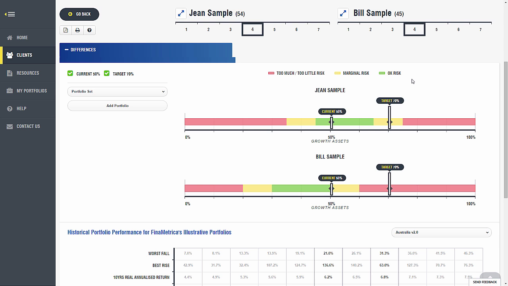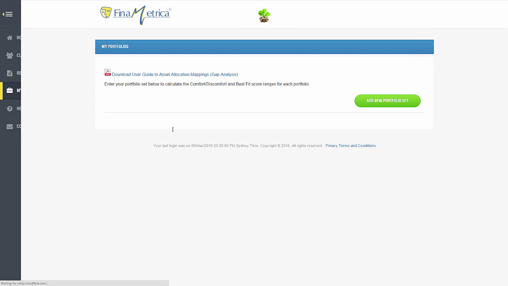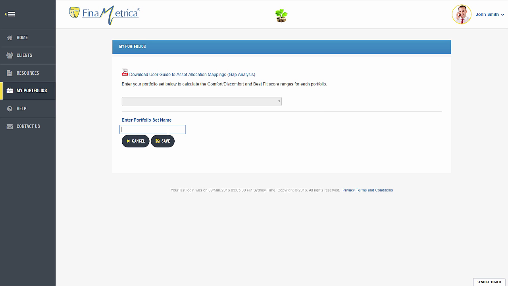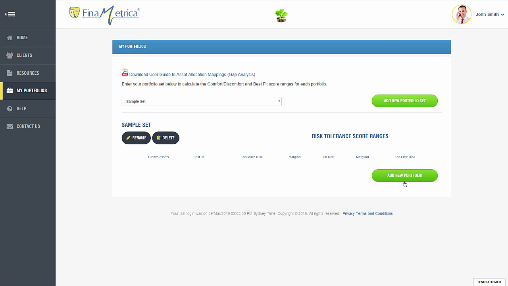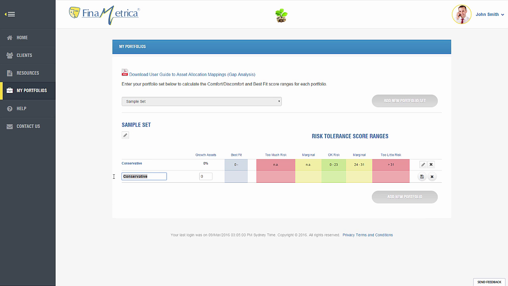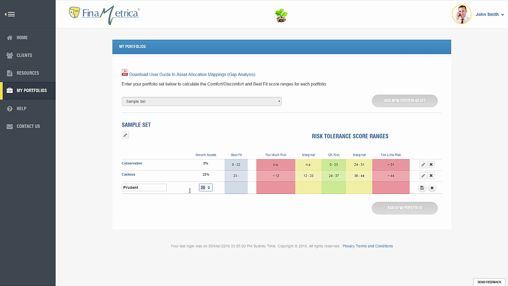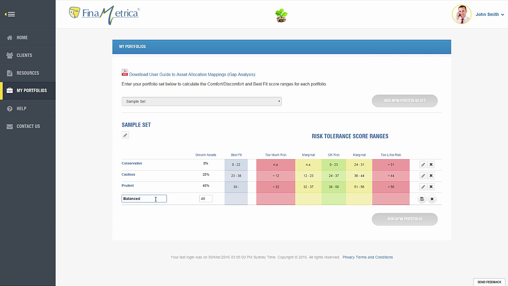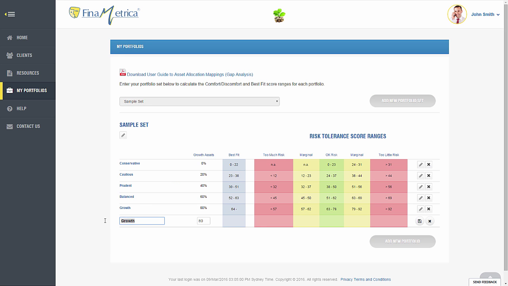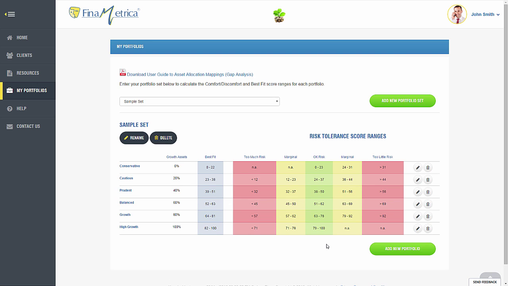First, click on My Portfolios, then click on Add New Portfolio Set, and enter your model portfolios, including a new one for each. You'll then be able to select them in the gap analysis.